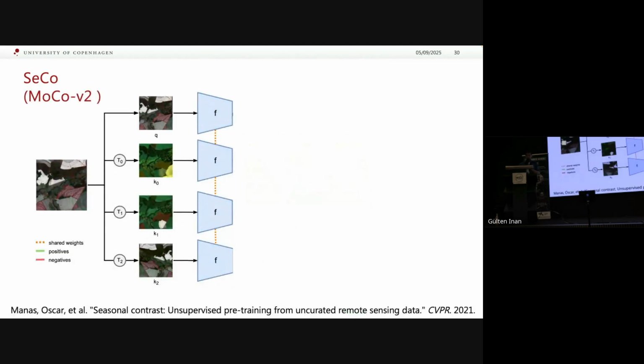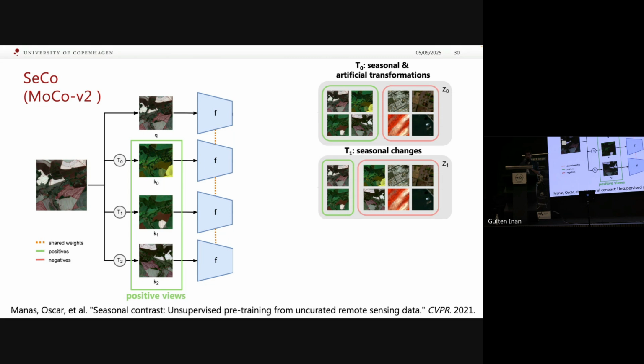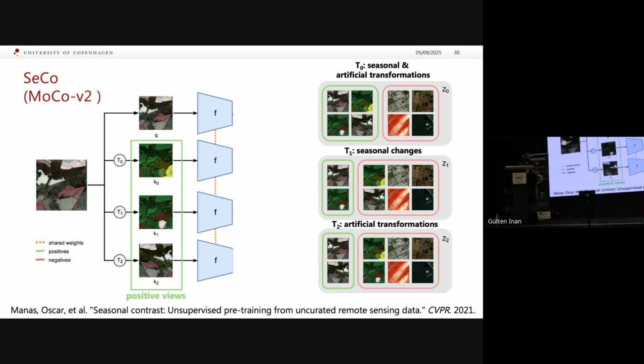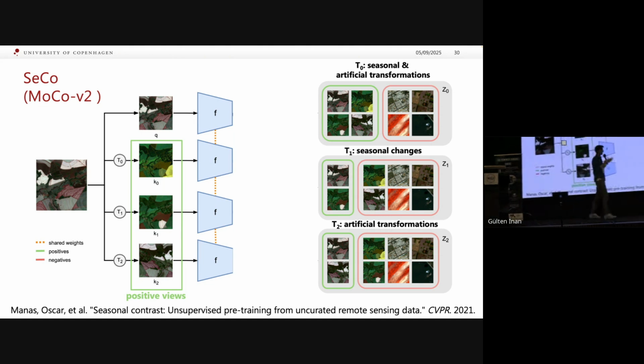And they approach this, again, by sampling positives also over time, but also including artificial augmentations. And they train basically 3 different projection heads. So at the core, what they want to learn is this encoder F that would lead to this representation that we are interested in.